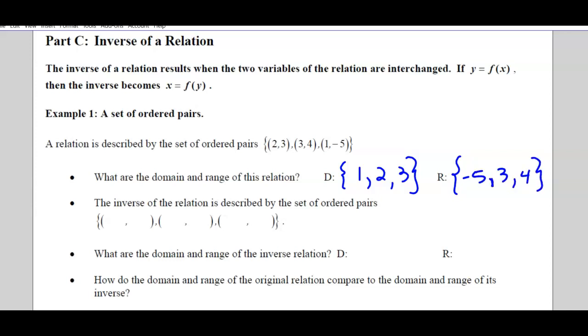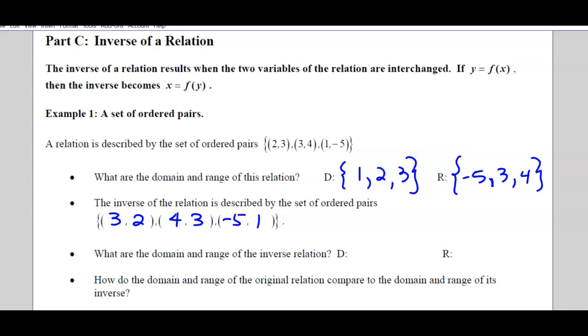We're not going to mark you wrong if you don't have it in numerical order. Now, for the inverse, you interchange x and y. So (2, 3) becomes (3, 2), (3, 4) becomes (4, 3), and (1, -5) becomes (-5, 1).